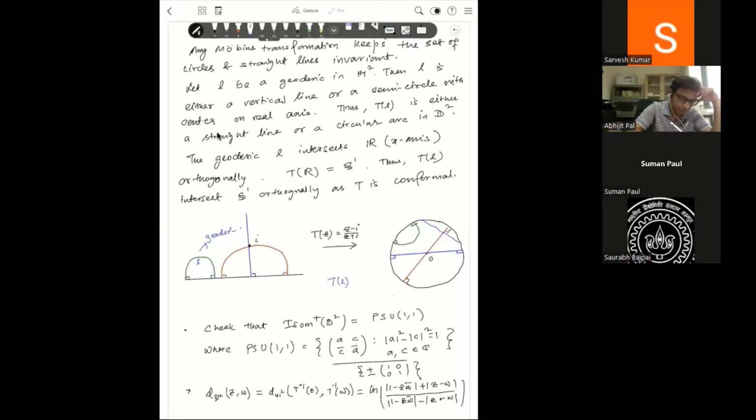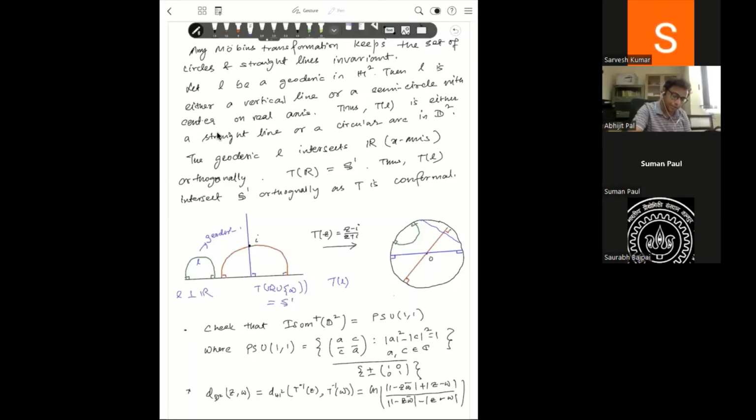So you should check this thing: T of R in infinity is exactly equal to the circle S1. L is intersecting R orthogonally, so TL will intersect S1 orthogonally.